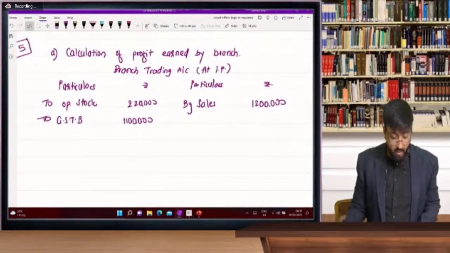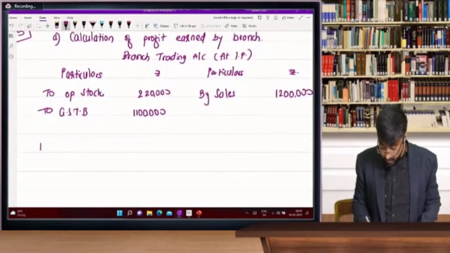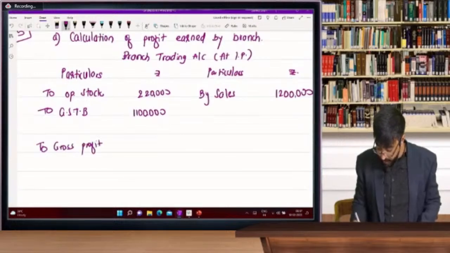By sales 12 lakhs. Now to gross profit. Now this is the first one. I have written the information to gross profit carried down. This is number 1.